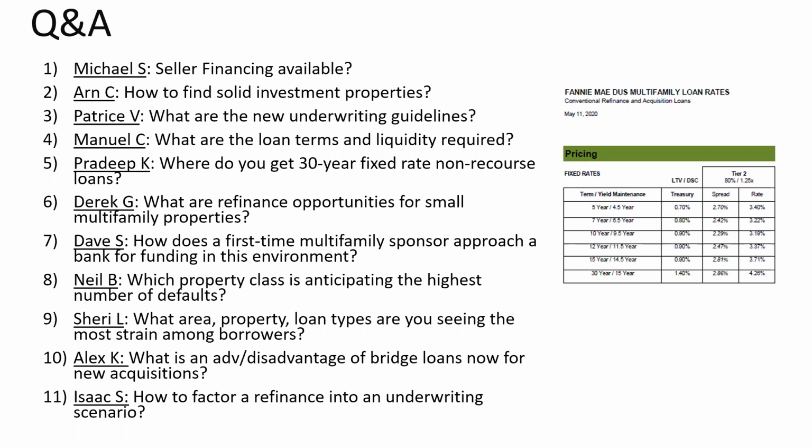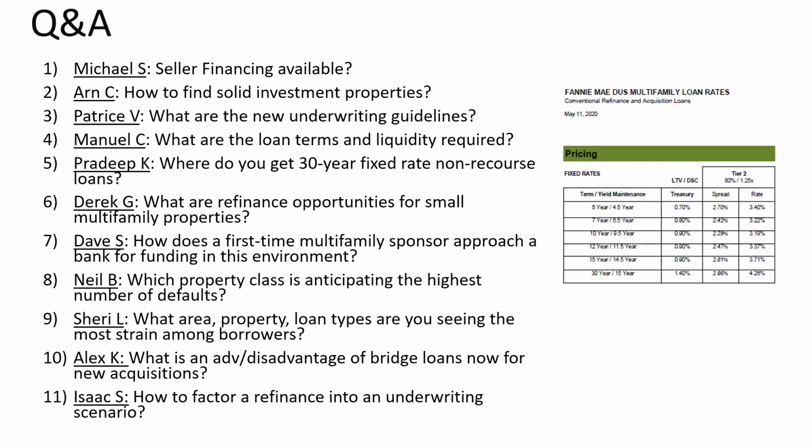And then the lower class, C minus deals in certain areas. I think it's a combination of property class and location and what economies are getting hurt the most, in those tourist and energy specific areas, which are getting hit the most.